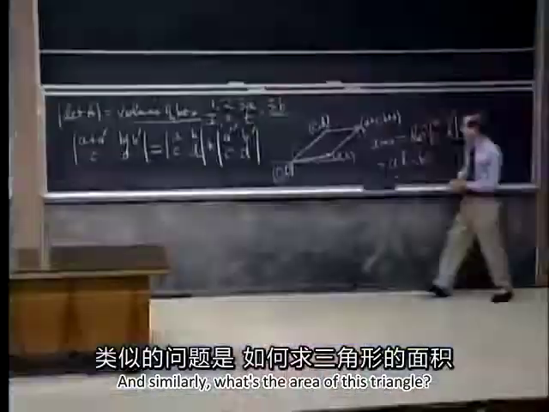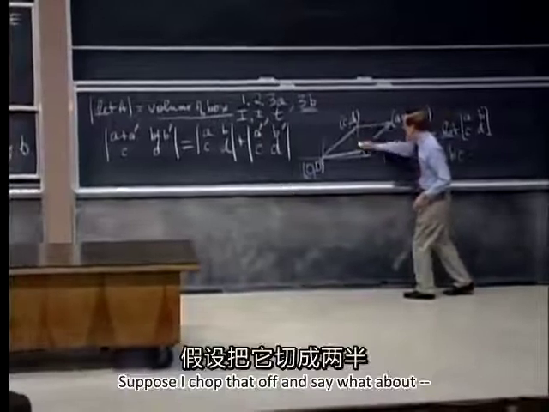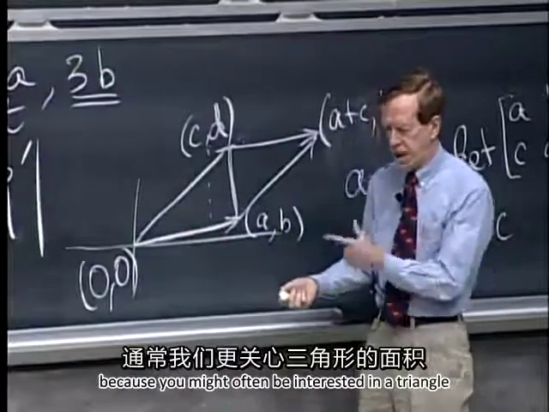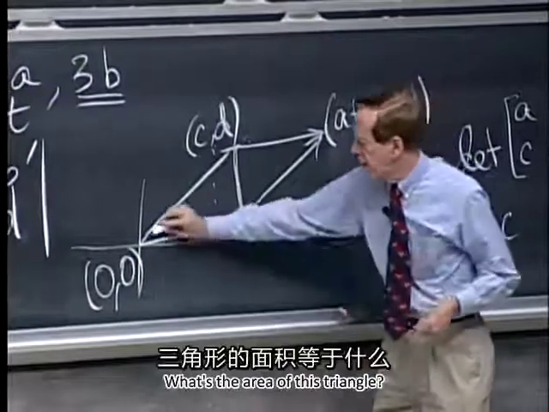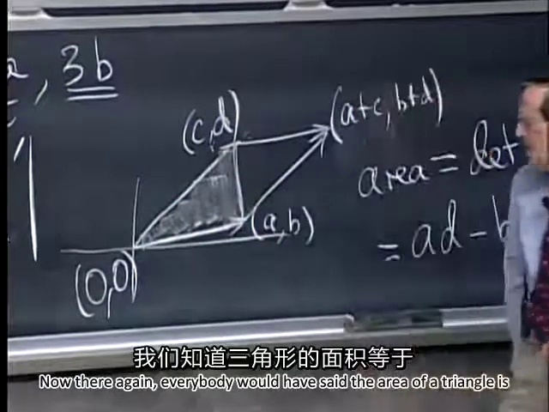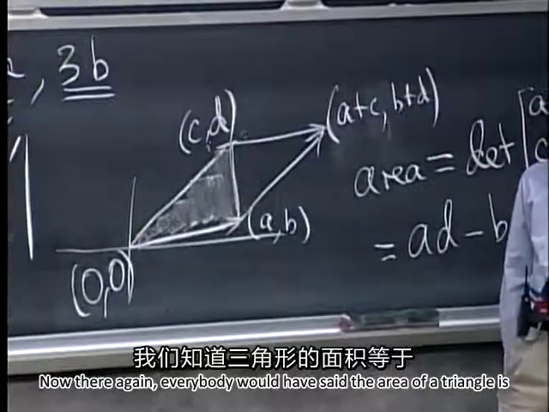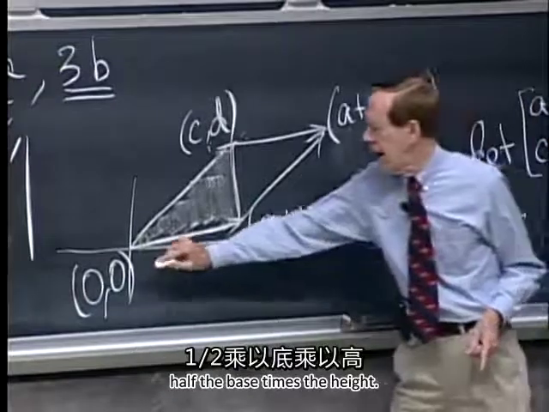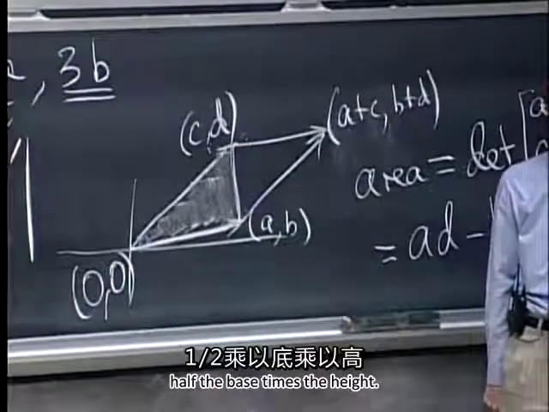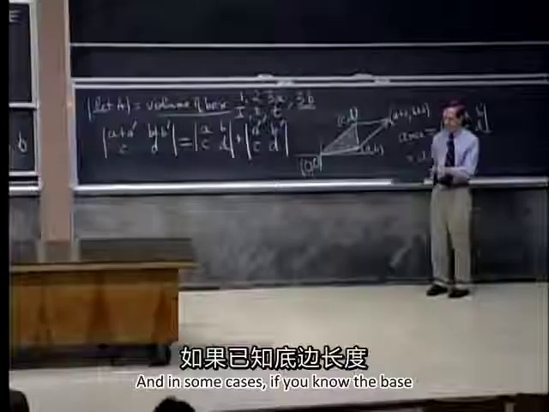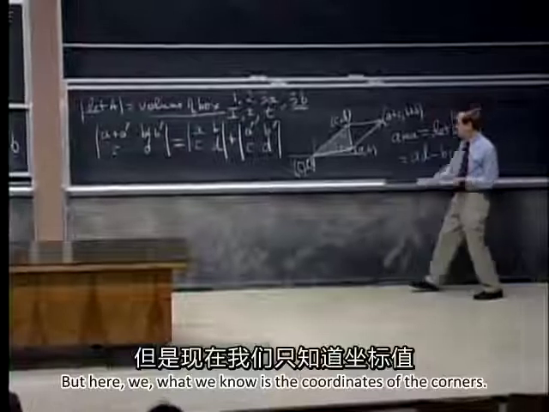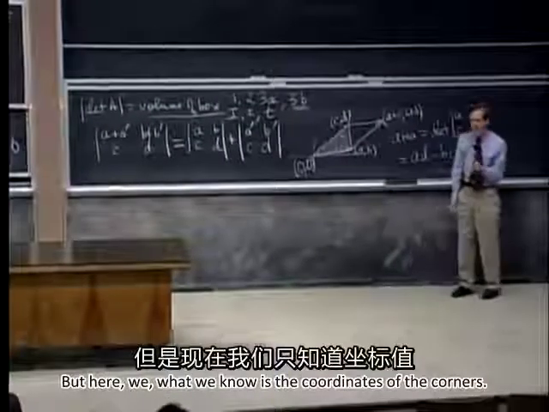And similarly, what's the area of this triangle? Suppose I chop that off, because you might often be interested in a triangle instead of a parallelogram. Now there again, everybody would have said the area of a triangle is half the base times the height. And in some cases, if you know the base and the height, that's fine. But here, what we know is the coordinates of the corners.